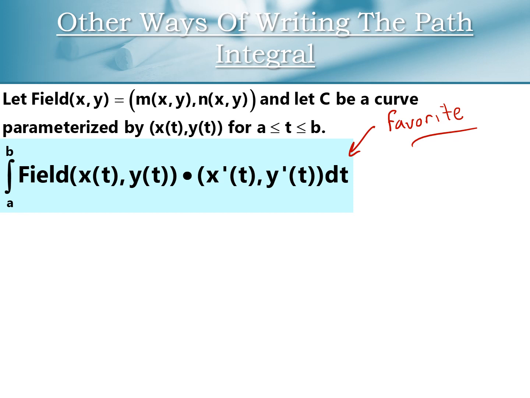You could write code where you define your vector field of x, y, you define your parameterized curve x of t, y of t, and as long as you know your bounds, Mathematica can integrate this. So it is very good for performing computations. But I also think it's intuitive, right? What is this integral accumulating? It's accumulating a bunch of little pushes of our vector field with or against our tangent vectors. So is the net effect of this vector field on the curve that we are getting a push that is with the tangent vectors, or is the net effect that we're getting a push against our tangent vectors?